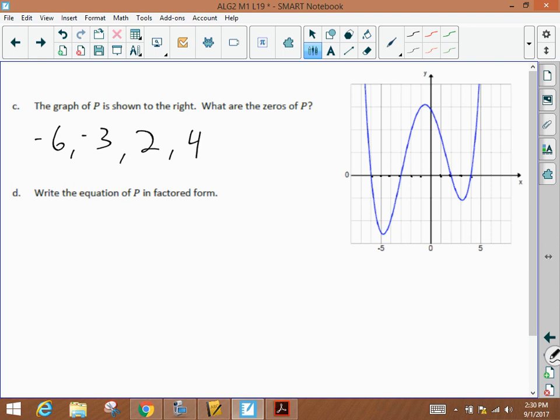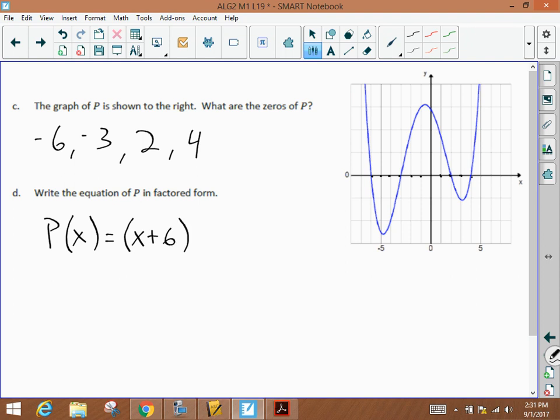What's really cool is that since those are zeros, I'm actually able to write this equation in factored form. It is going to look like this. P, right? It says it's a function P. So I can say P of x is equal to, and I'm going to put my zeros in. So x plus 6.